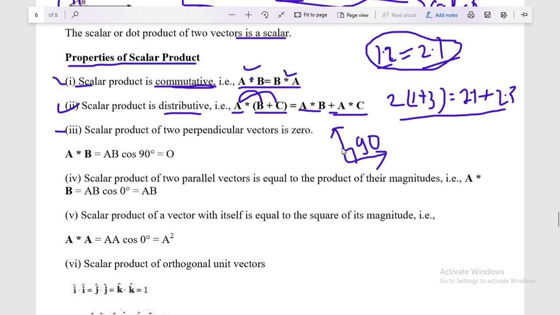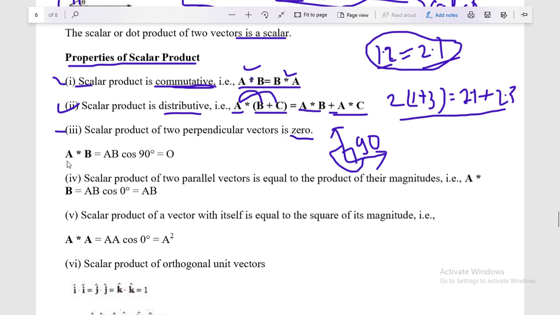This other angle is much larger, you can say 270 degree, but we will take the smaller angle between these two vectors. So suppose this angle is 90 degree.